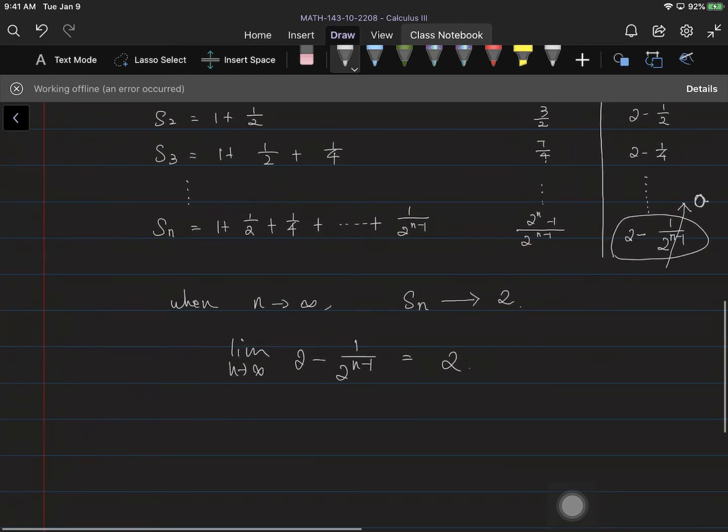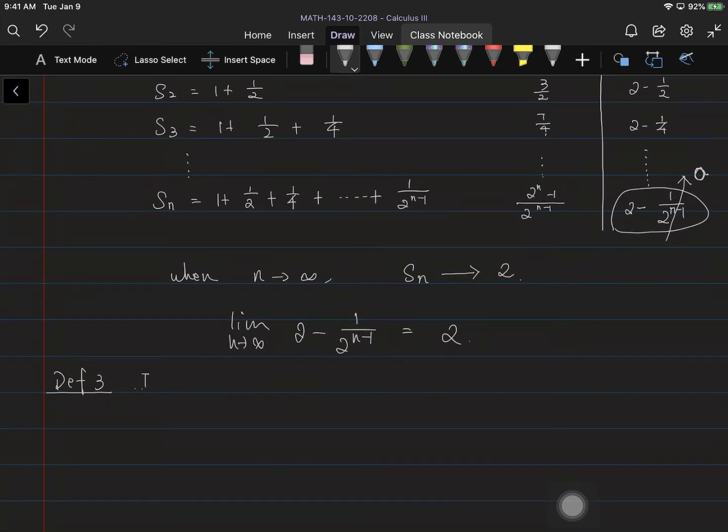Let's take a look at definition 3. If the limit of the partial sum Sn is L, if it has a limit, we say the series converges. That's the definition for convergence of a series. And its sum is L, same as the limit of the partial sum.